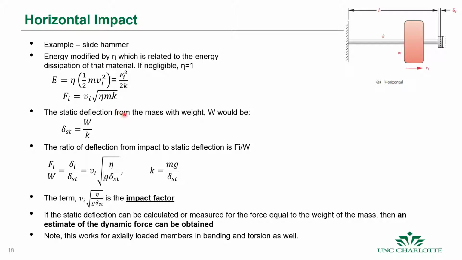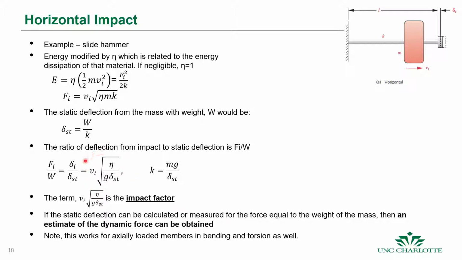The static deflection from the mass with the weight would be just the force over the stiffness, the weight, the mass times the gravity over the stiffness. That would be our static deflection. And if we want to know the ratio of the deflection from impact to the static deflection, which would be the impact force over the static force, we can actually get a term like this, where we look at the impact force over the weight, which allows us to look at the deflection due to impact over the deflection due to the static loading case, and it gives us this term here.